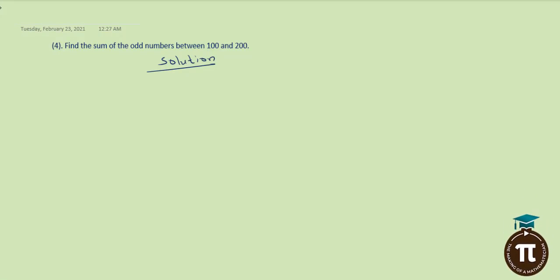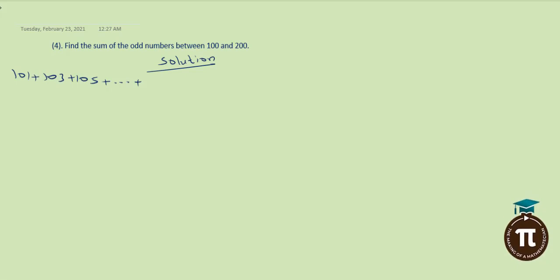So this question first says find the sum of the odd numbers between 100 and 200. Find the sum of the odd numbers between 100 and 200. Now that means you want to find 101 plus 103 plus 105 till you get to 199.